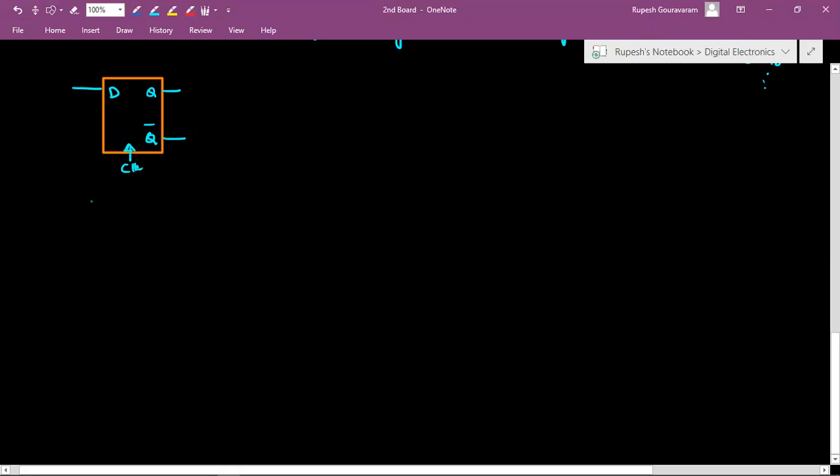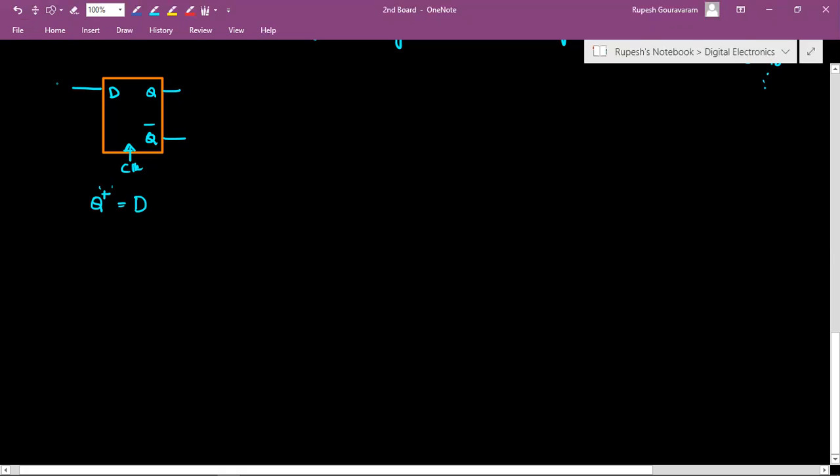Now the next input is represented like this. Plus means 1 plus 1. That is, the present input is 0 at the 0th second, and Q plus is the output after 1 clock cycle. It is represented as plus 1 clock cycle, which is represented as plus. So the next state is the same as the data input.